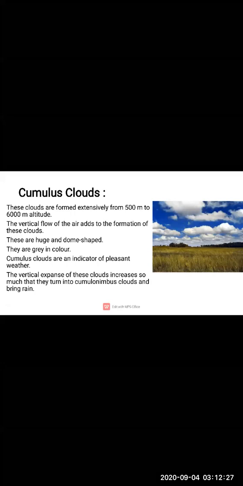The vertical expanse of these clouds increases so much that they turn into cumulonimbus clouds and bring rain. Because of this, rain falls.